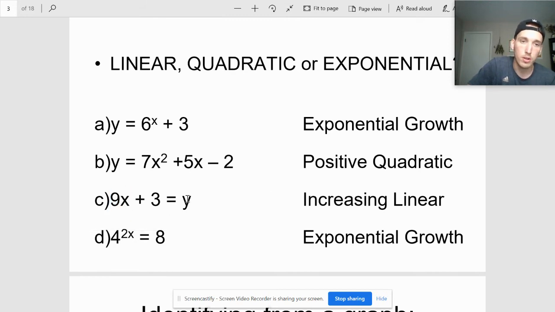And there's no other x's with exponents. It's linear, right? And then finally, this last one's exponential because this x is the exponent, right? This 2 is part of 2x, which means that sometimes people will think that means it's quadratic. If x is in the exponent, it's got to be exponential.